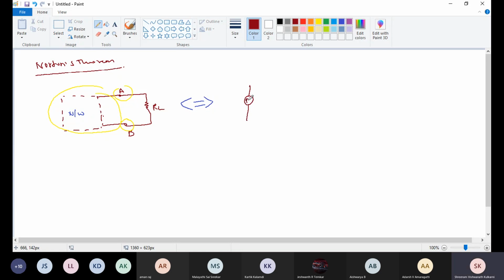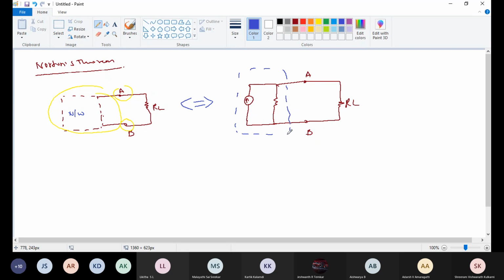This is my current source and one resistance in parallel with that current source. These are two terminals A, B and resistance RL. Here I replaced this network with this. We can call this IN and this one RN.